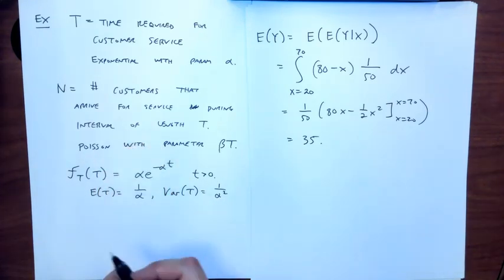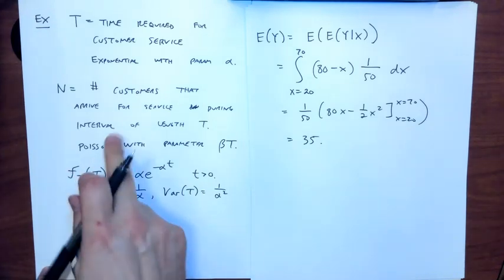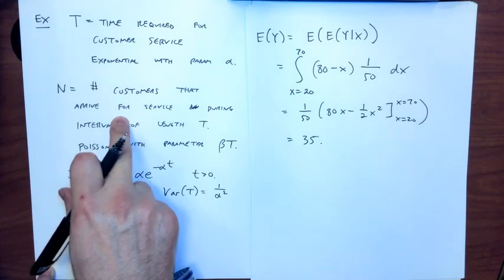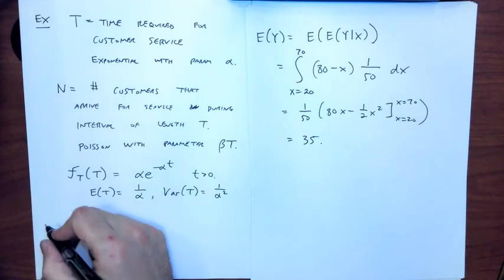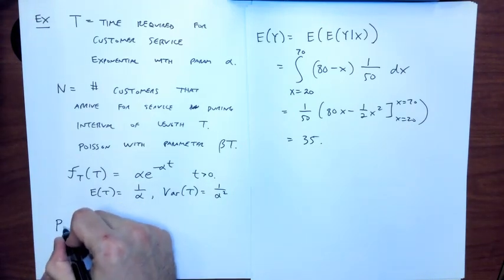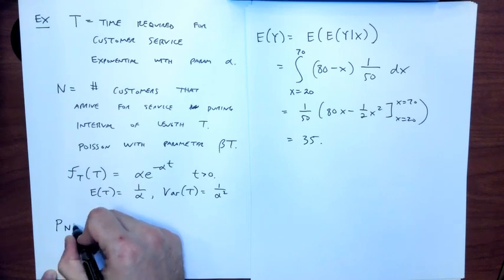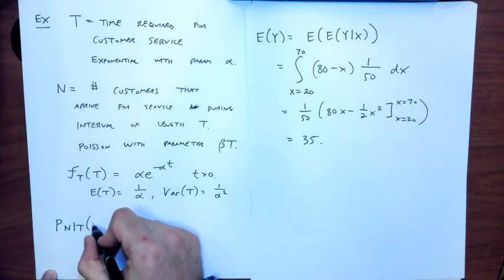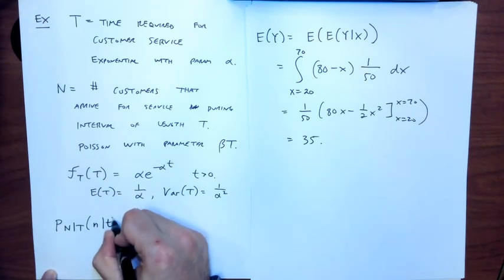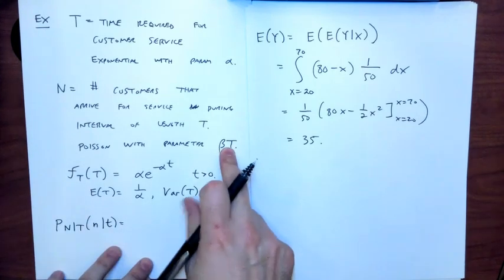What does the second part tell me? Now I have a discrete random variable, because I can't have half a customer. If I'm being strict about it, it's a PMF: the PMF of the number of customers, given that I tell you what the interval is, is Poisson with this parameter.